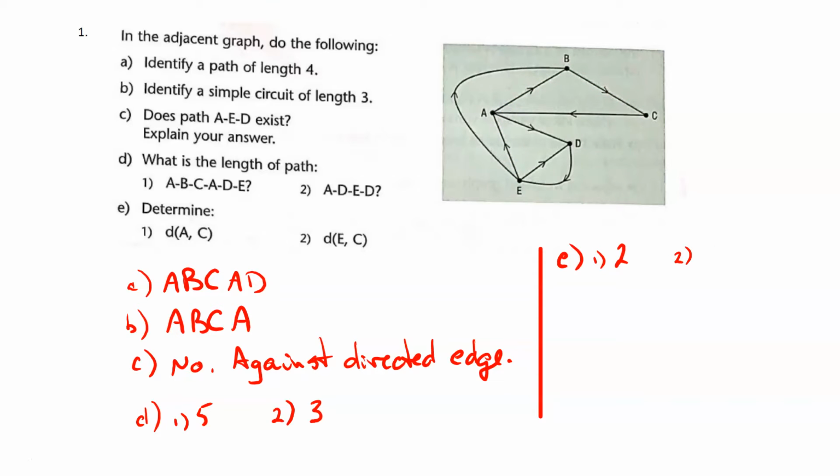Let's see if there are some other possible routes. I could go from E, taking this route all the way over to B, and then I've only got 1 edge to get from B to C. In which case, that's a shorter distance. That only took 2 edges, so the distance is 2.